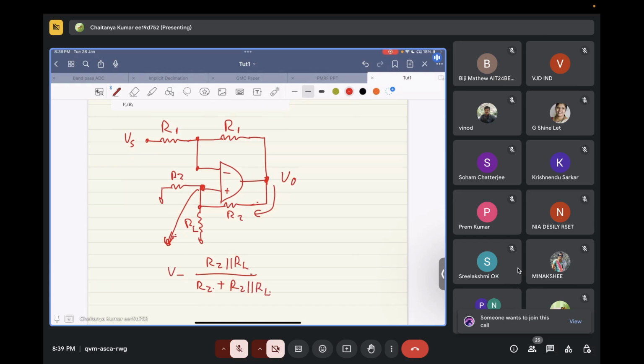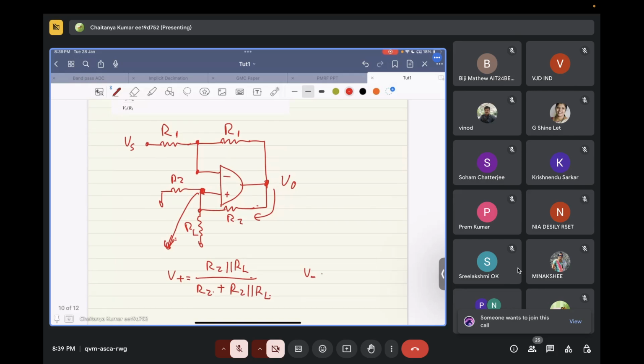This is equal to V plus. What is V minus? That is equal to Vs by 2 plus Vout by 2. Is this clear to all of you?